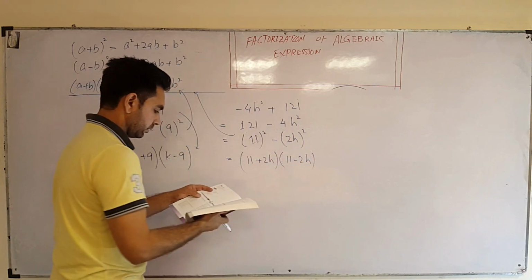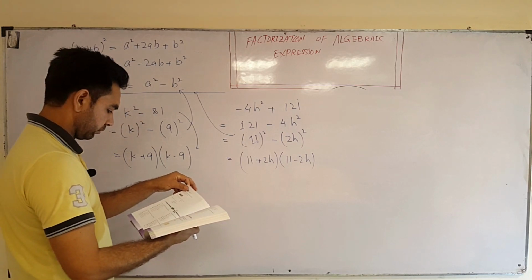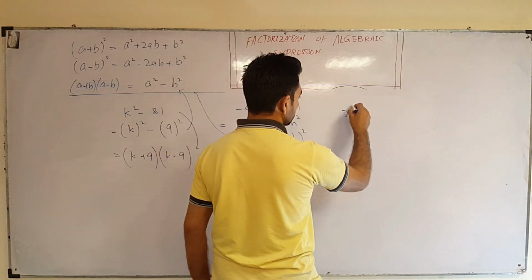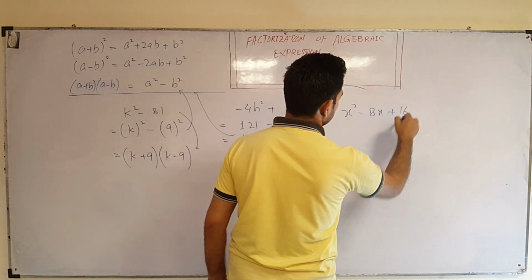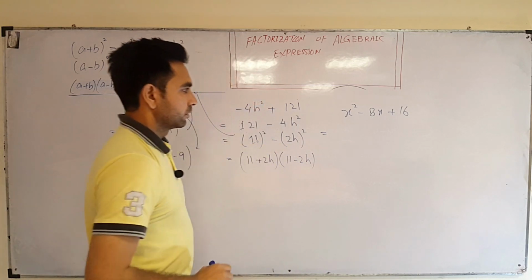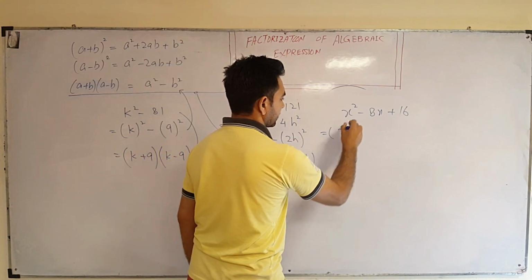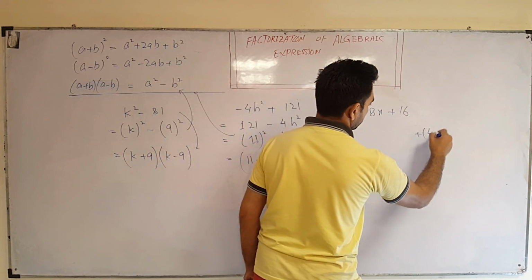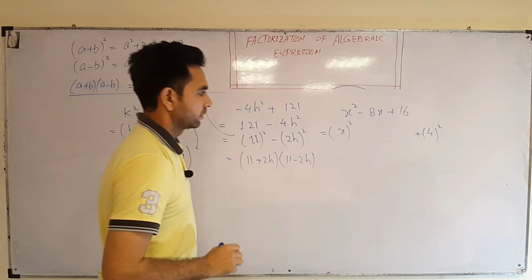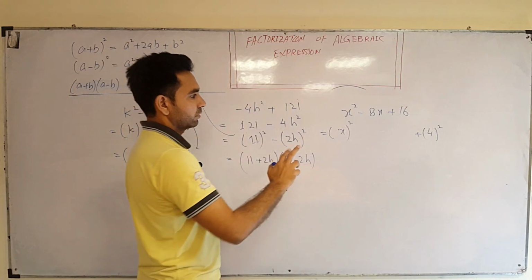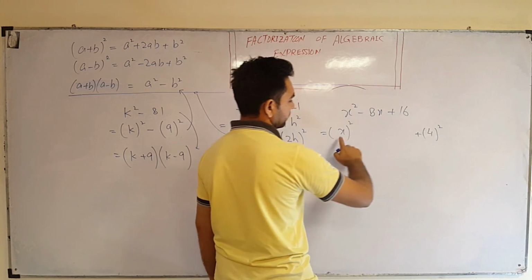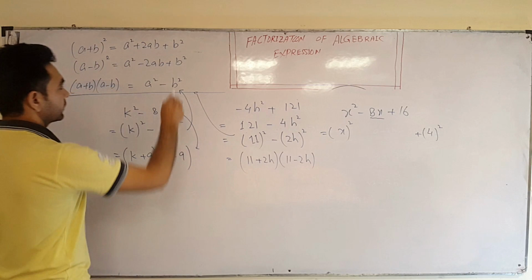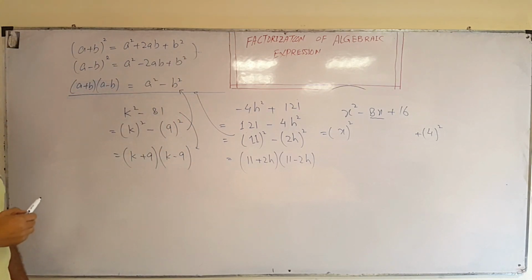Let's do a different example. Okay, so let's do this one: x square minus 8x plus 16. So we can see that this is a square of x. We can see that 16 is a square of 4, right? So when we have the square of the first, the square of the second, and then this middle term, we can see that this is either of these two identities.